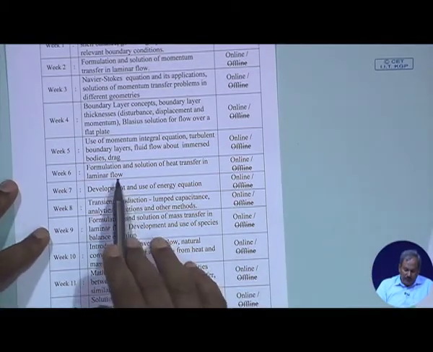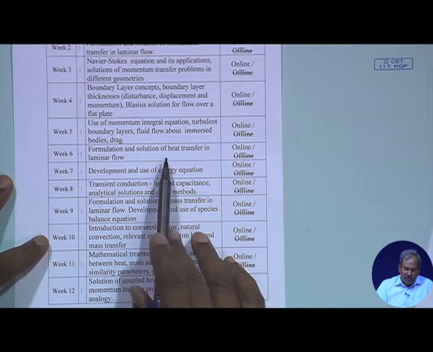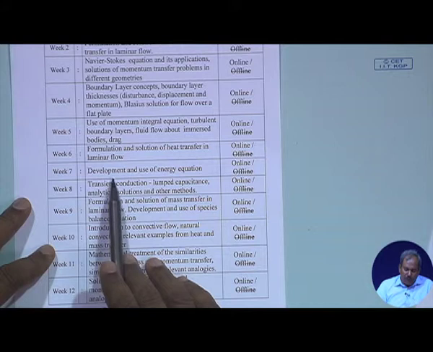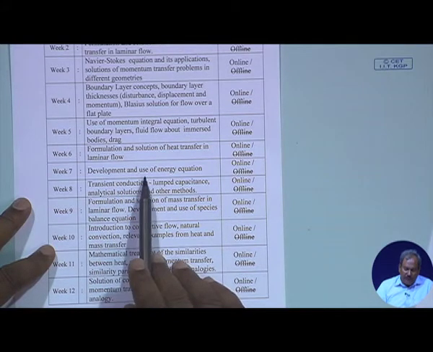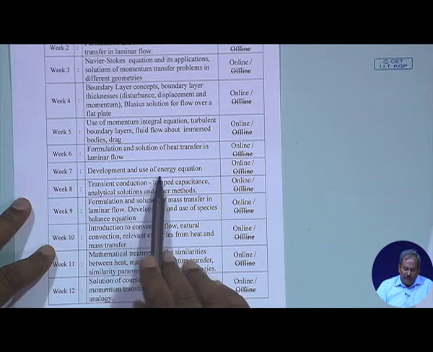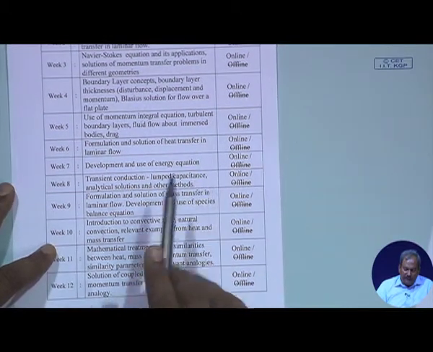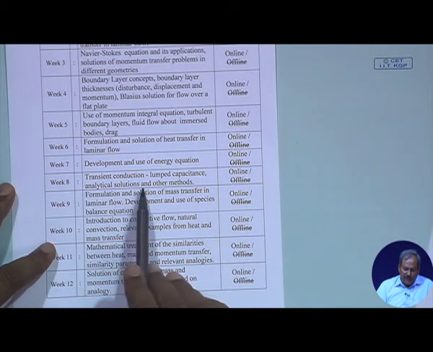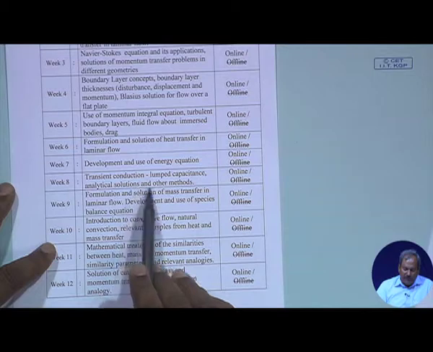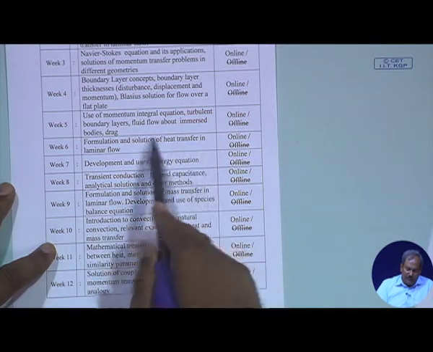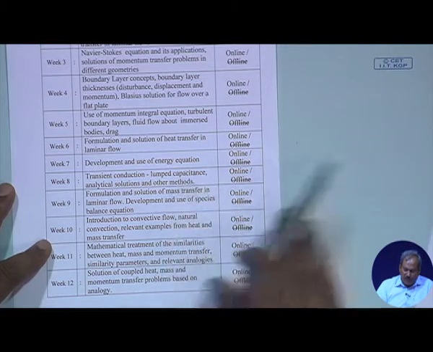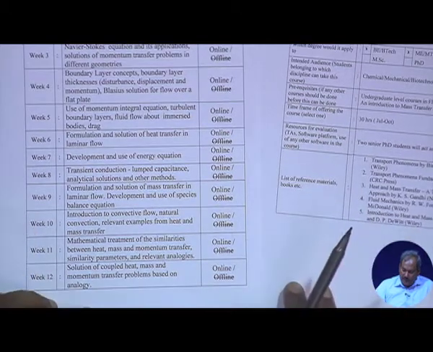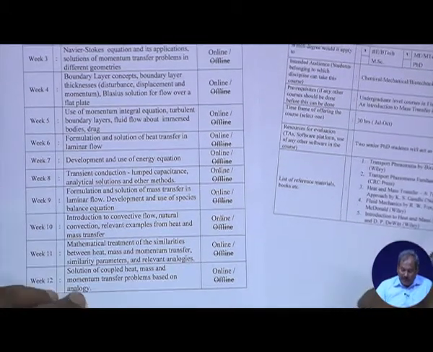Then we solved the heat transfer using the same approach of shell heat balance. We saw the need for having a general solution, so we went ahead and obtained the energy equation, the transient conduction that I have just described, the analytical solutions, for example, an error function solution and other methods. So, this is mostly from Bird-Stewart-Lightfoot, and the other book on heat and mass transfer, which is by Incropera and DeWitt.